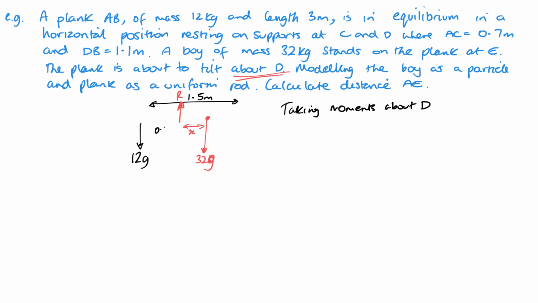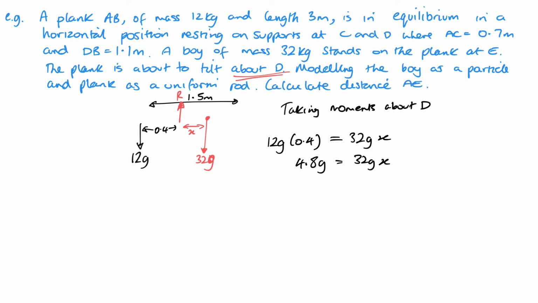Now, don't forget the weight's in the middle, so it's only 0.4 meters from D. 1.5 take away the 1.1. And then I've only got two forces to deal with, my 12g and my 32g. So this makes this question really straightforward.